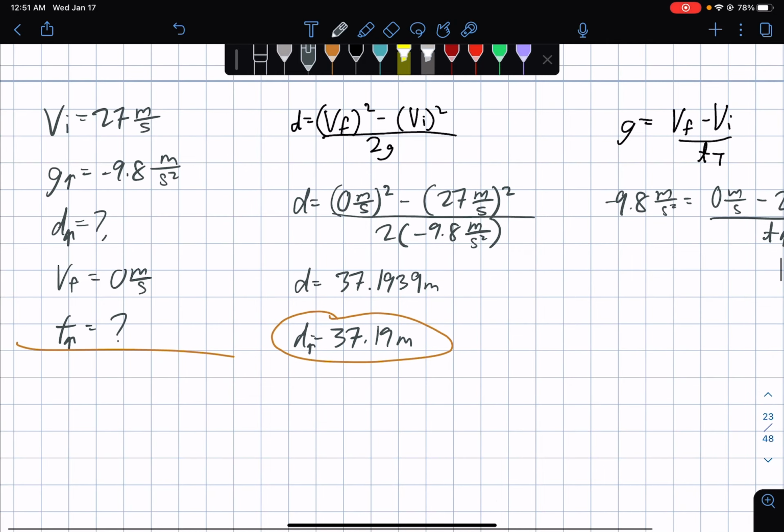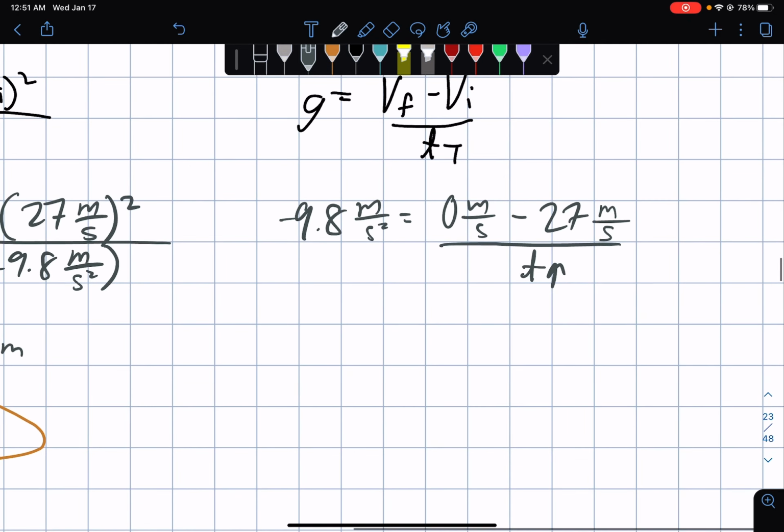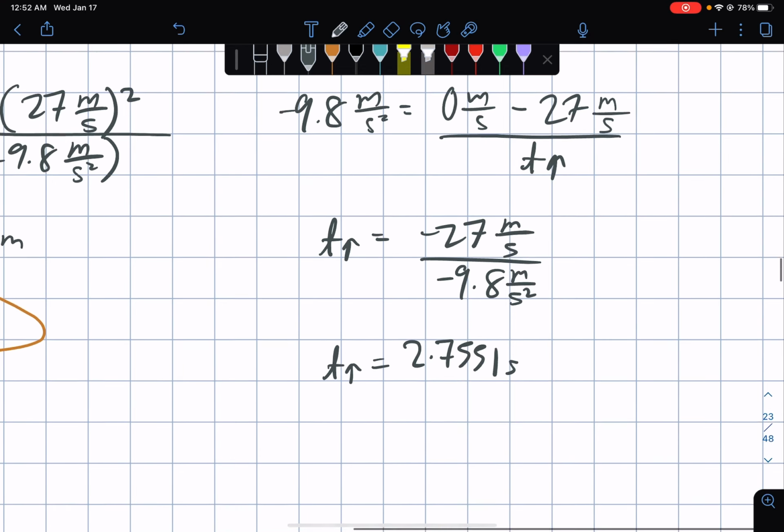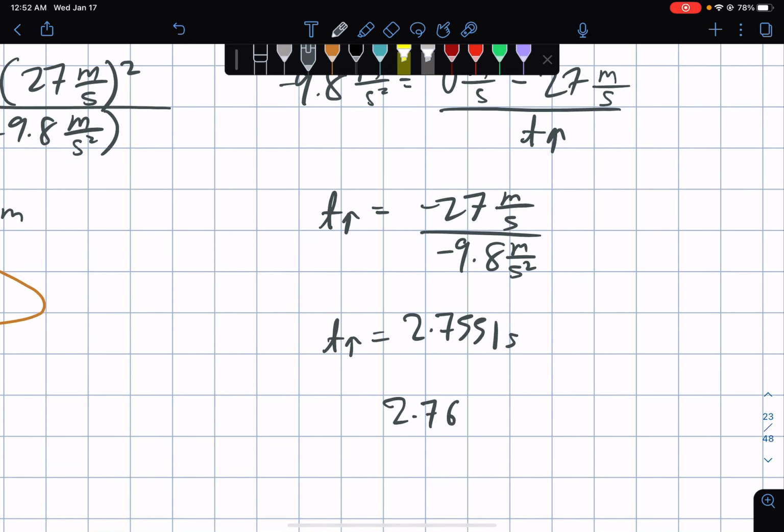This is supposed to be an arrow going up. So time going up is equal to negative 27 meters per second divided by 9.8 meters per second squared, which is 2.7551 seconds, or just 2.76 seconds.